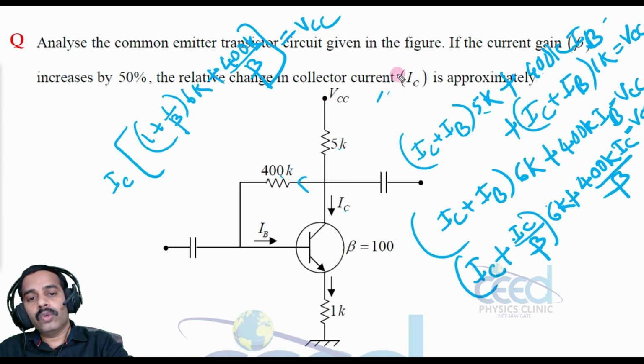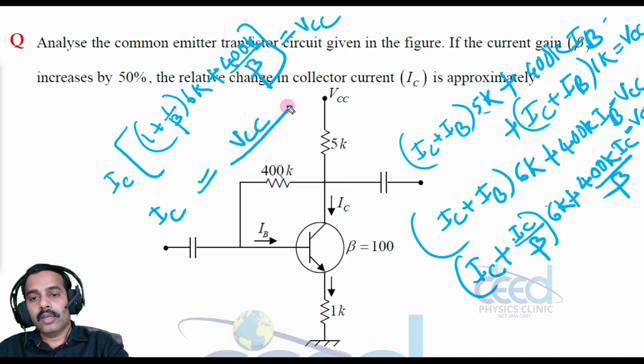Now IC is equal to VCC divided by, that is 1 plus 1 by beta. So we may take this as VCC beta divided by beta plus 1 into 6K plus 400K.